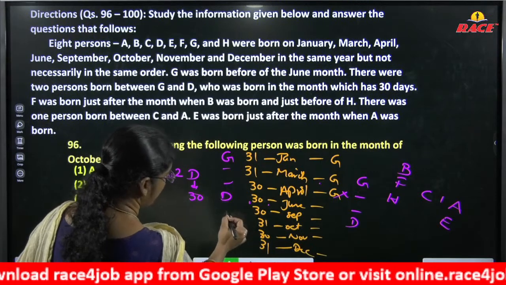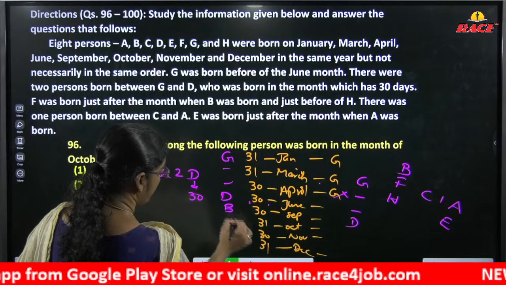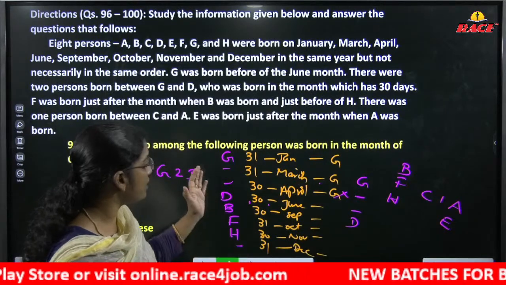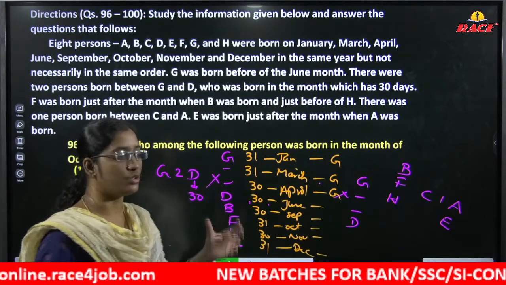Using these three places for B, F, H, we have no chance to place C and A. That means this left side arrangement is surely wrong.